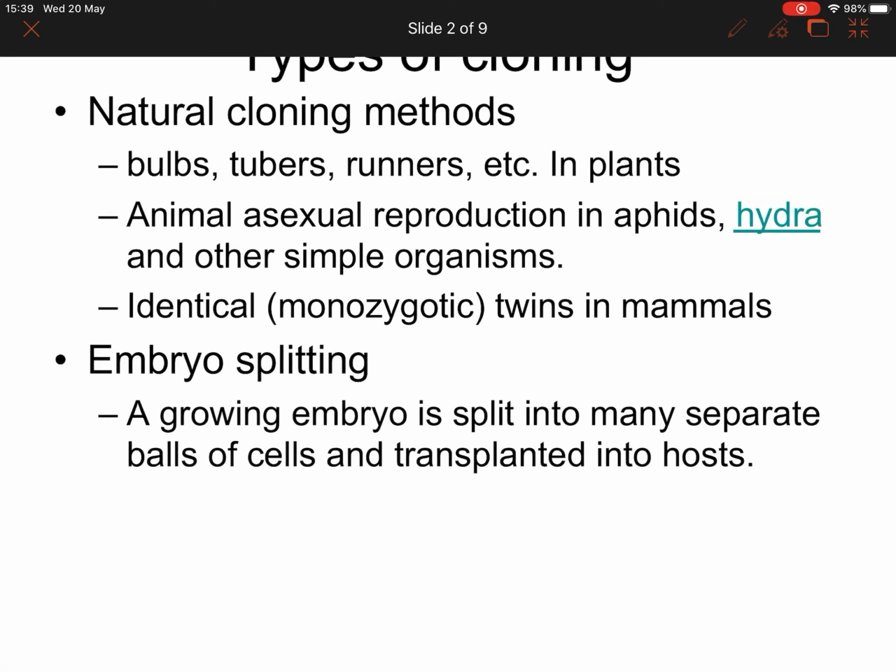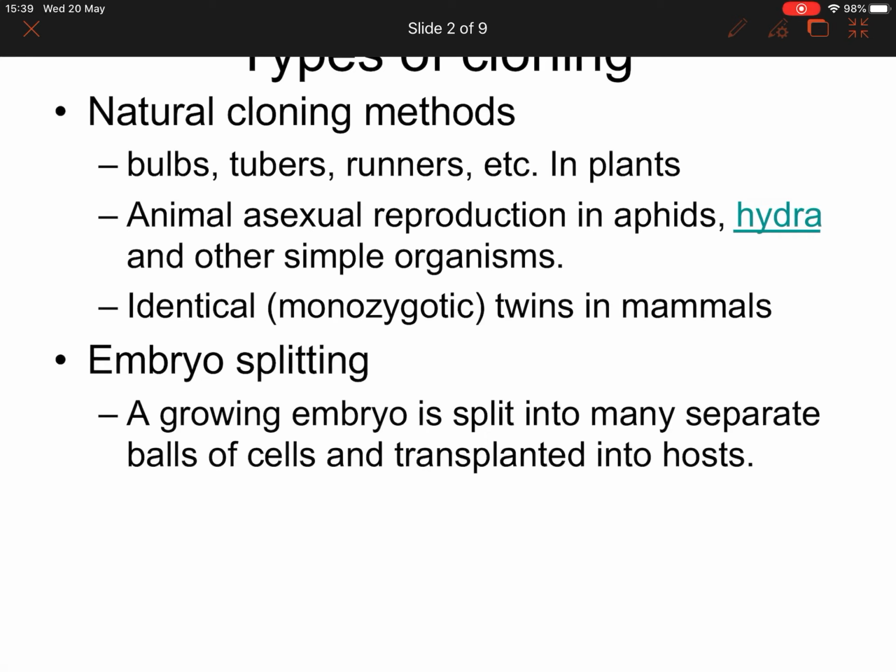Okay, firstly, you've got embryo splitting. So imagine you have a prize cow and a prize bull, but if they were just to reproduce naturally, you'd only be able to produce one or possibly two calves at a time, probably only one. So instead what they do is they extract the eggs using IVF techniques.